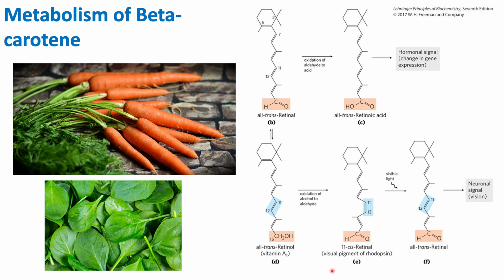So this is the component, the visual pigment of rhodopsin. And once we see that visible light absorption, we get all-trans retinal. During that process of light being absorbed by rhodopsin, it leads to a photoisomerization event, which leads to all-trans retinal. But this isomerization reaction actually allows rhodopsin to interact with a G protein known as transducin.